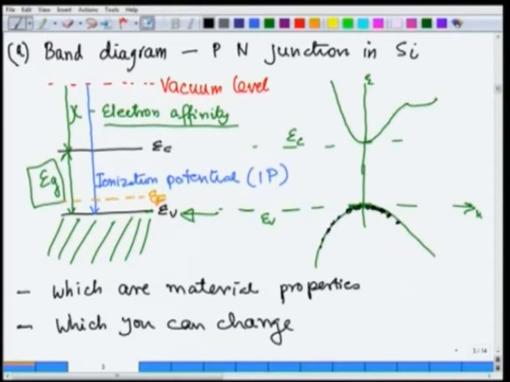The question is which are the material properties, meaning once you say silicon, then they can't be changed, that is what they are.